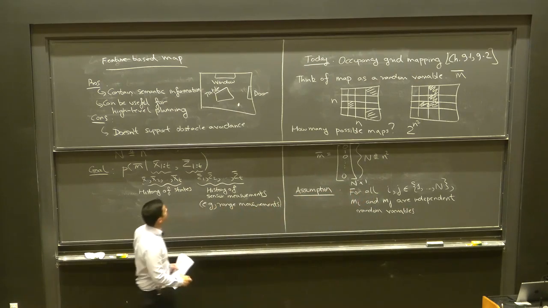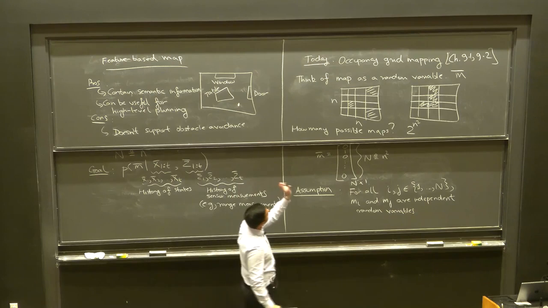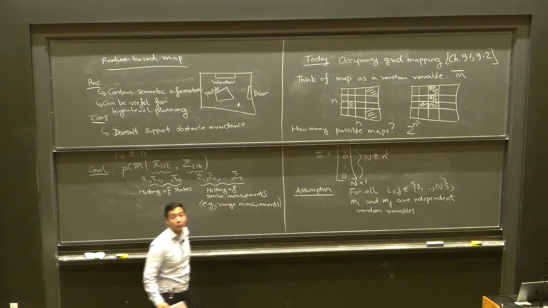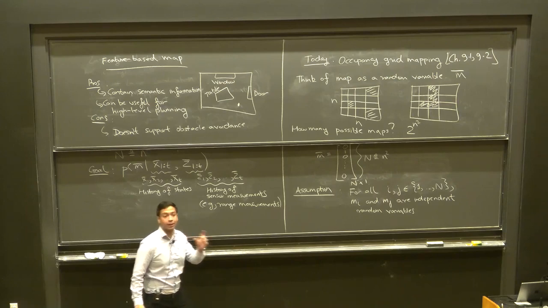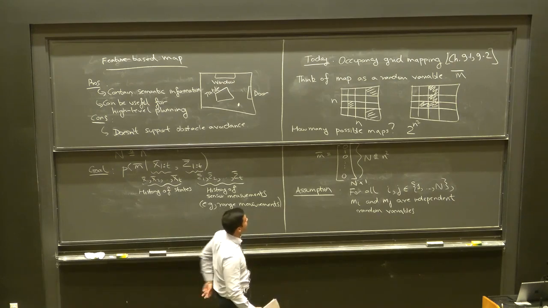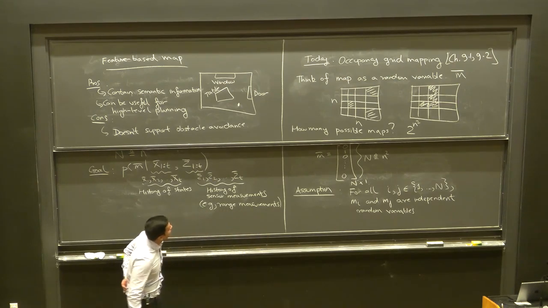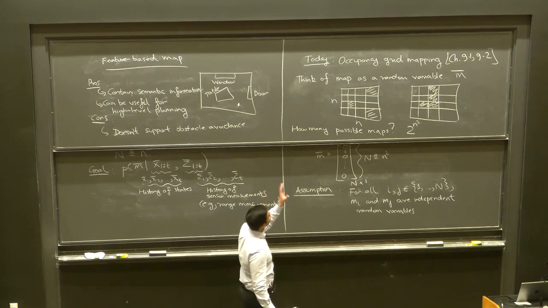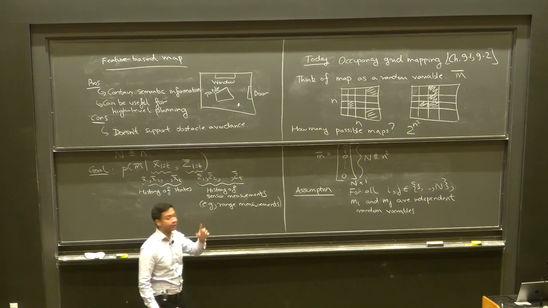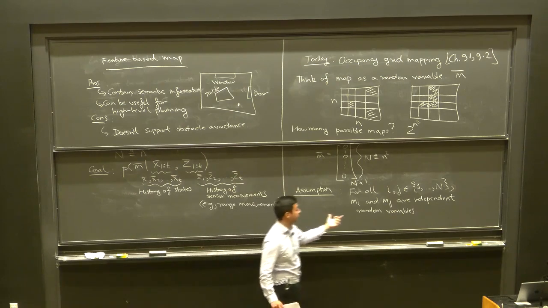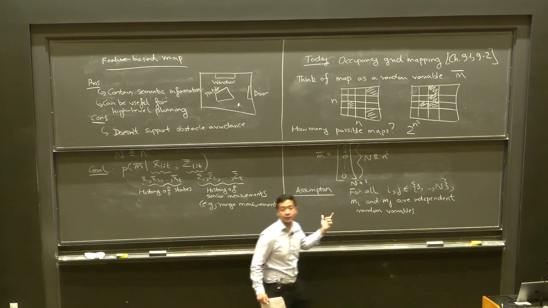The way we're thinking about this is that each cell has associated with it a random variable, which is just a 0 or a 1. So it's a Bernoulli random variable. You can think of it as a coin toss. And we're assuming that for any pair of cells, whether they're occupied or not, those two random variables are independent of each other.